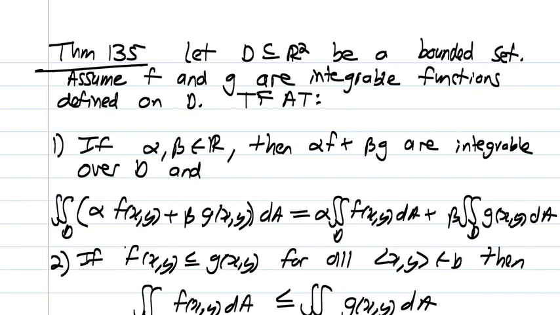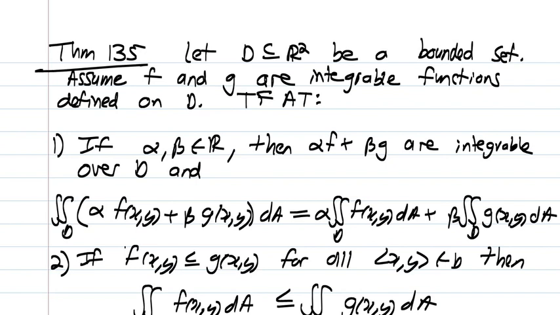If alpha and beta are real numbers, then alpha f plus beta g is integrable over D. And we can say more than that. The double integral of alpha f plus beta g over D equals alpha times the double integral of f over D plus beta times the double integral of g over D. So we see that this result is not just true for rectangles, but it's also true for general regions.